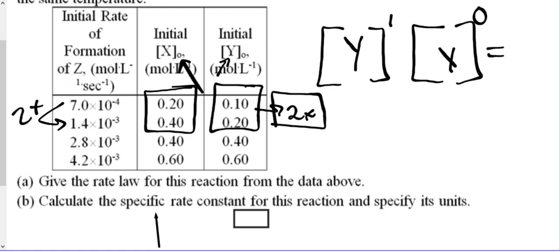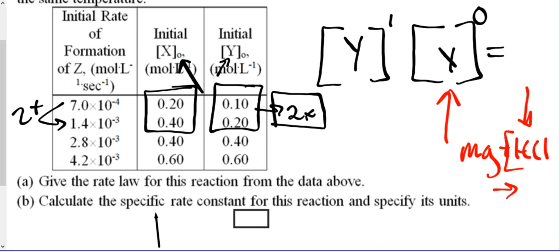So, FYI, it is absolutely possible that we have something where its concentration does not affect the rate. If I take magnesium and I add it to HCl, a reaction will happen. If I change the concentration of HCl, the reaction happens faster. I can't really even change the concentration of a solid.